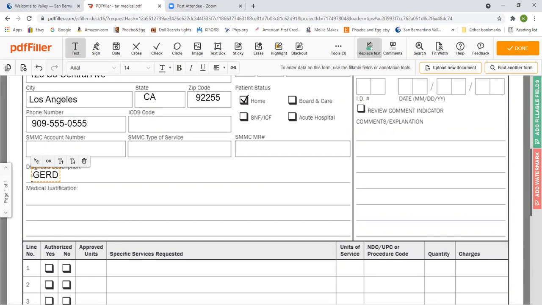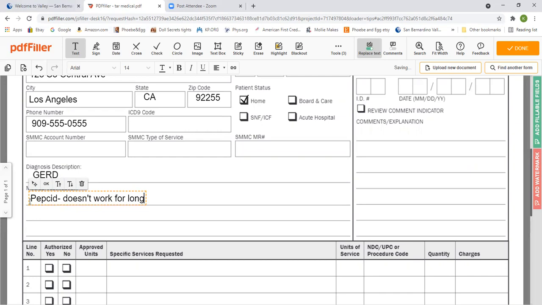The medical justification is where we would put previous medications taken, like the medications tried and failed. So you're going to put what the patient has taken. I'm trying to remember what it was exactly. I believe it was Pepcid, and it doesn't work for long, and I don't remember what the problem was with the Pepcid.